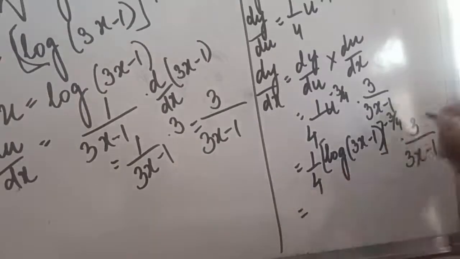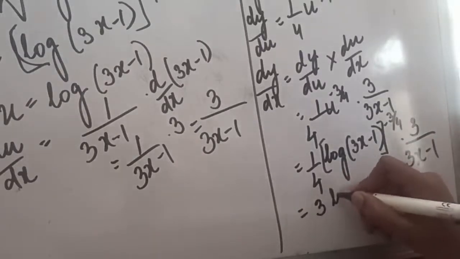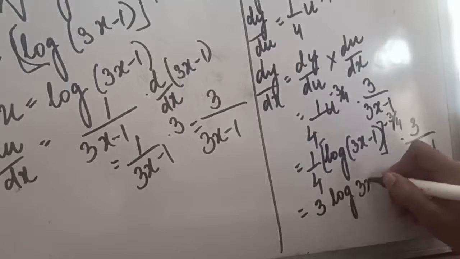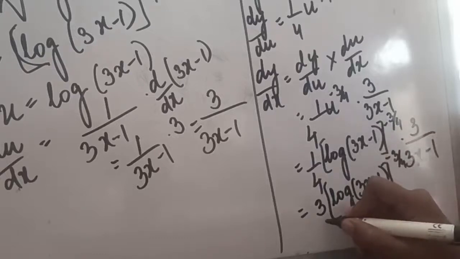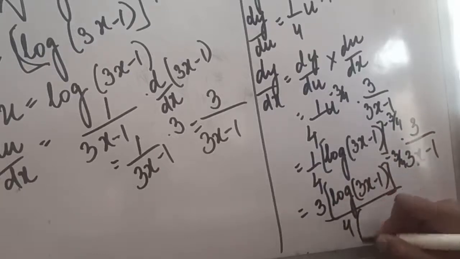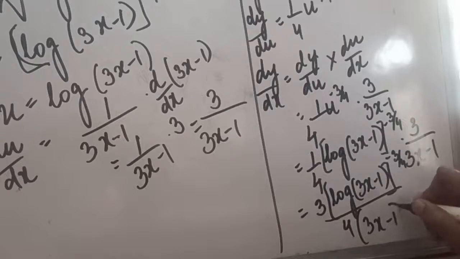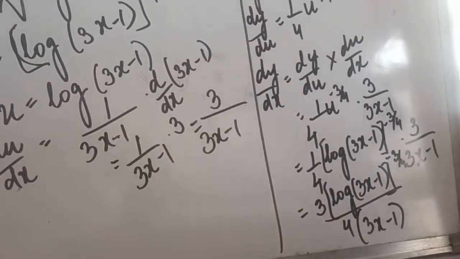So finally we can write this as 3 over 4 times log 3x minus 1, this entire power minus 3 by 4, and in the bracket 3x minus 1. Like this we can write down our answer.